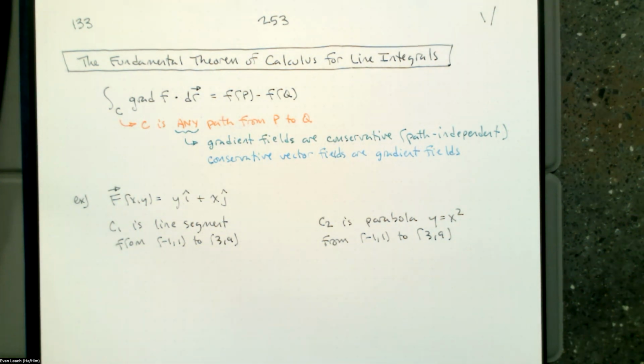Now, without the fundamental theorem of calculus for line integrals, we can calculate the line integral over C1 of this vector field and the line integral over C2 of the vector field. But we'll want to check if the vector field is a gradient field.